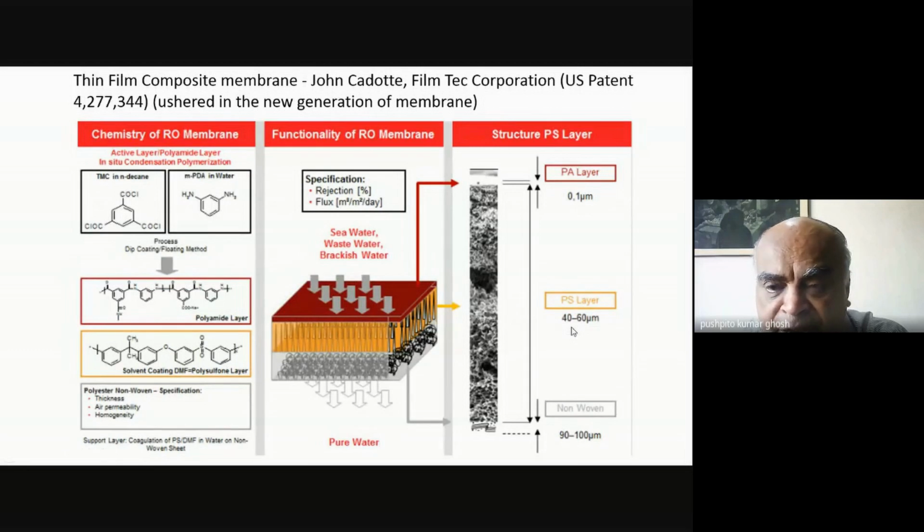Now comes the trick. What you do is that over this polysulfone, you coat a layer of polyamide. This is done basically through the process of interfacial polymerization. So first, this particular monomer is soluble in water. So you can dissolve it, and you take your fabric with the coated polysulfone, you take it through this solution.